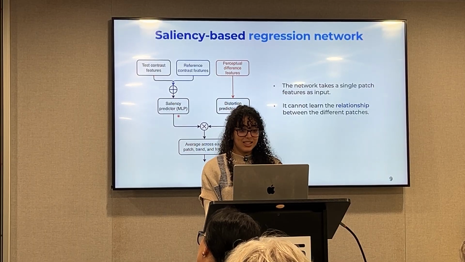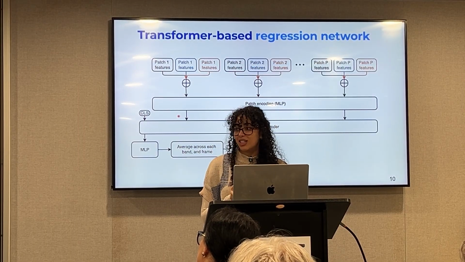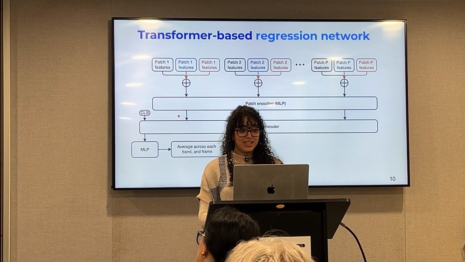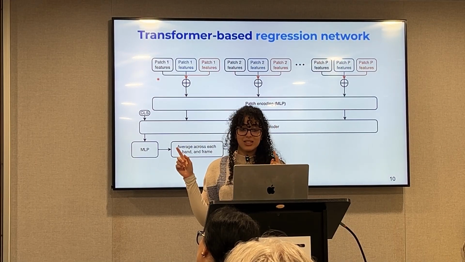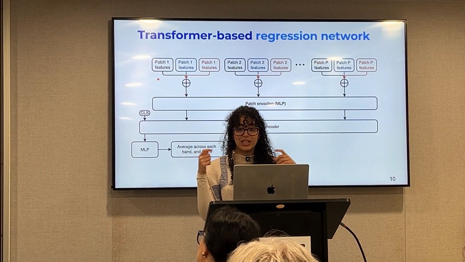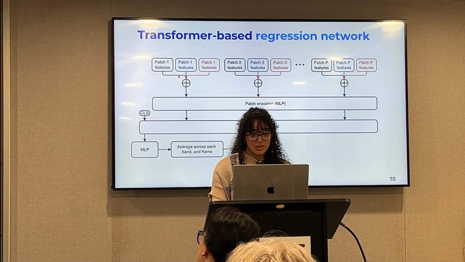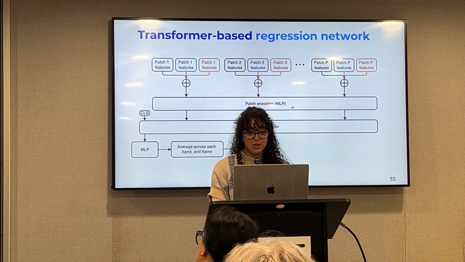The second idea is to use, obviously, a transformer, which we call ColorVideoVDP-ML transformer. So the idea here is that we're going to have all our patches, and then we're going to give them to a transformer encoder to learn this kind of relationship between the different patches. When we have all our different patches, we first encode them in MLP.